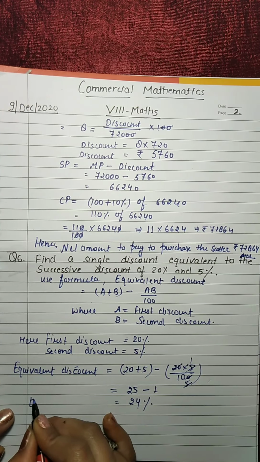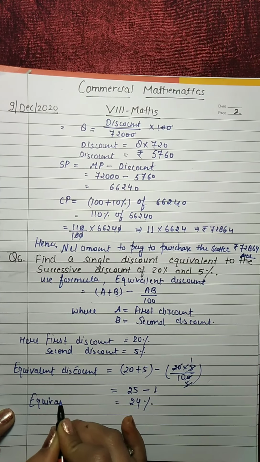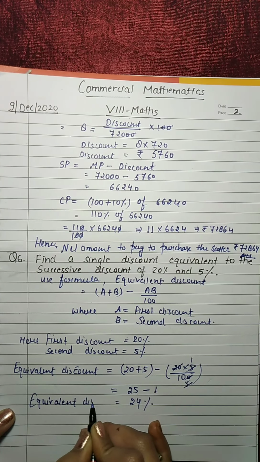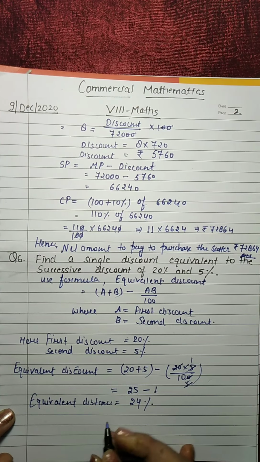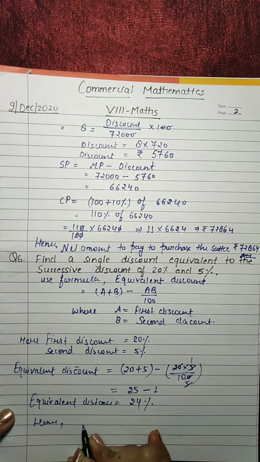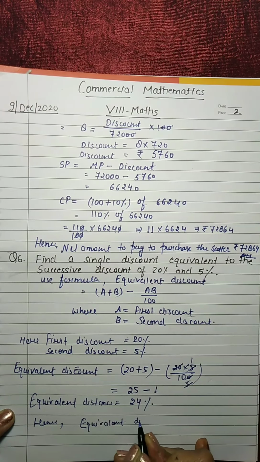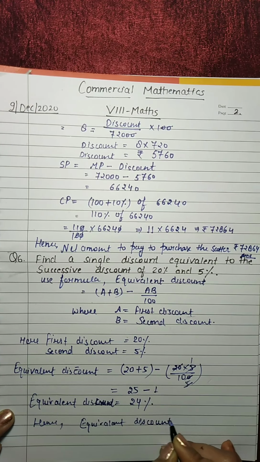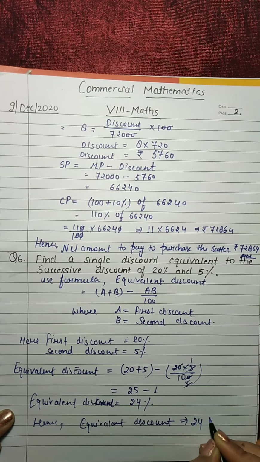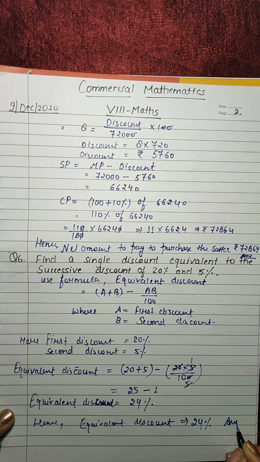Is that clear? So students, that is the equivalent discount. Okay students, so hence equivalent discount will be 24%. Okay, so that is your answer.